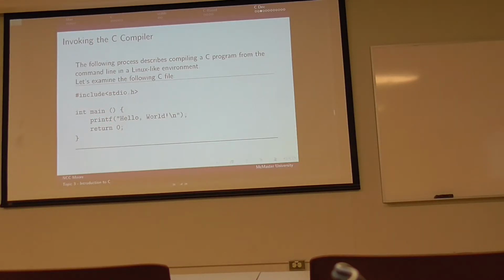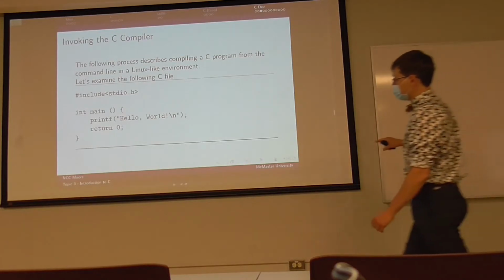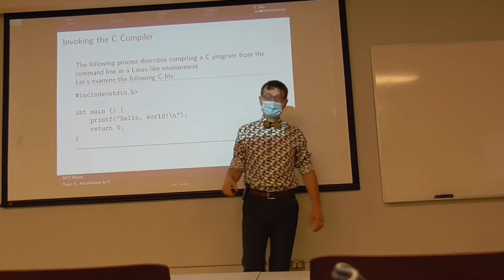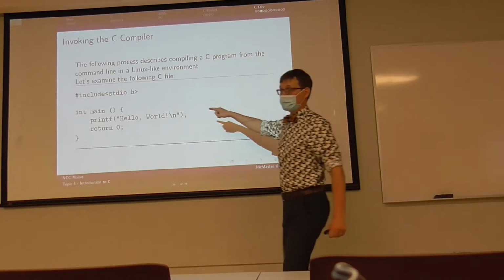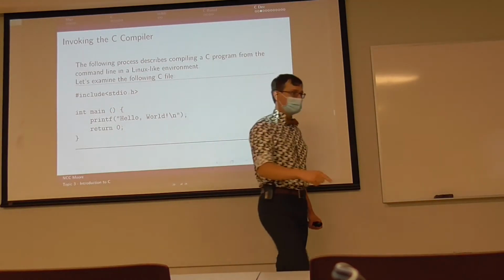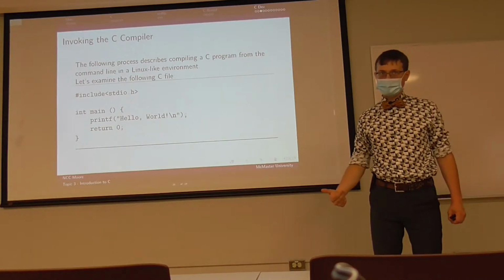Unlike Python, where your execution starts outside of any function, just in indentation level 0, shall we say, in C, everything always starts with main. In fact, you can think of running a C program as invoking the main function of that program. That's what it is.